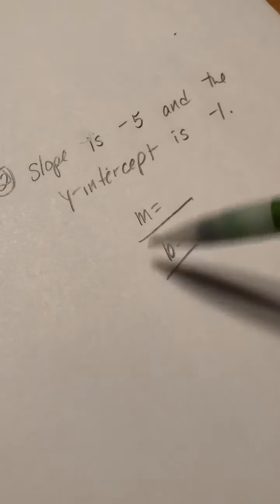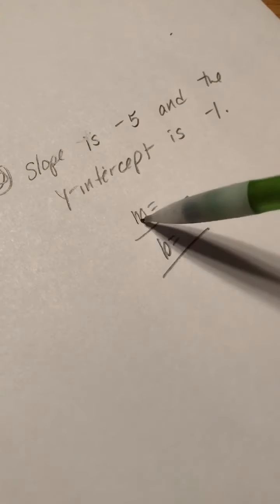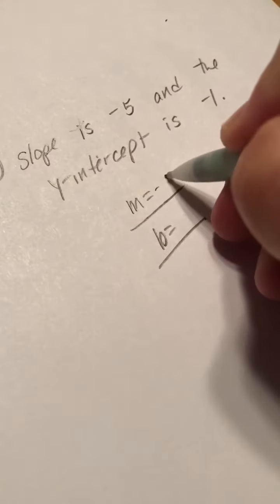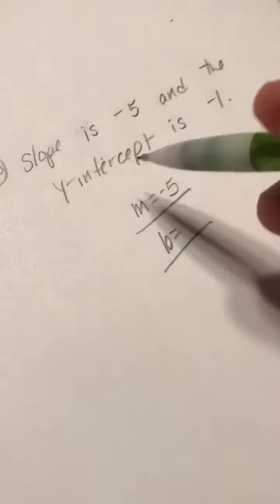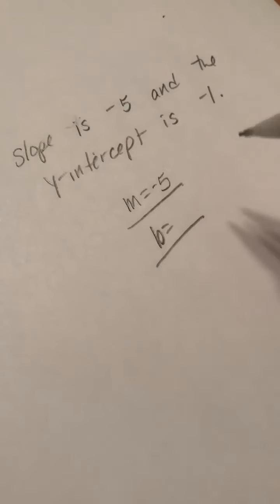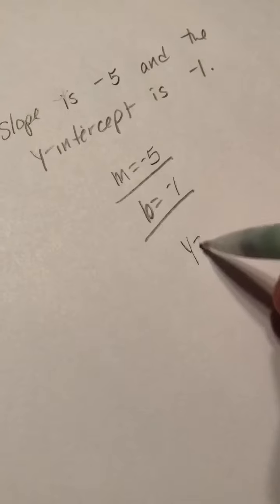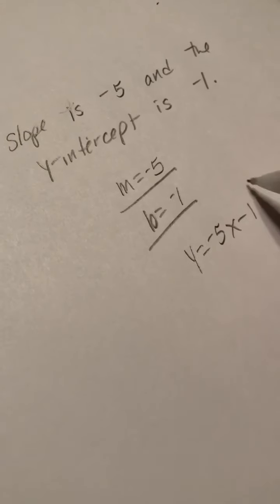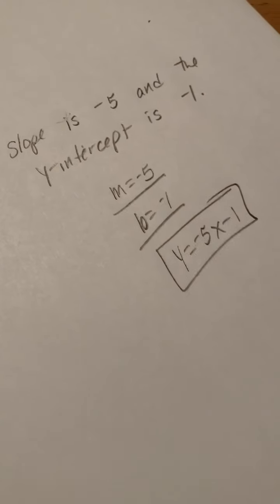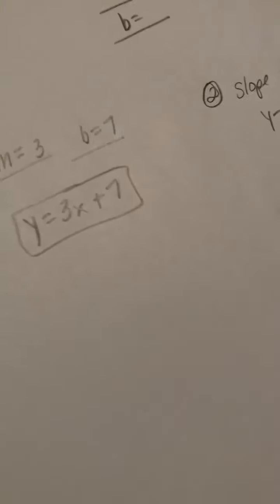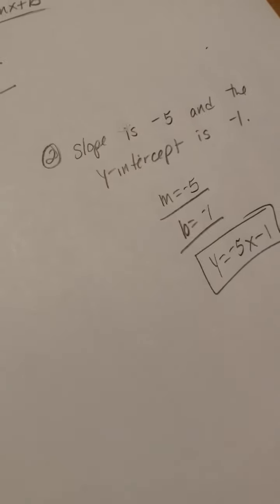This one gives us the M and the B, it's just a little bit disguised. We know that slope is represented with M, so we fill in that blank. Y-intercept is B, so we fill in that blank. And again, once we have both blanks, we write out our answer. Will they always make it easy, M and B? No, they may change the wording, and that doesn't change our process.